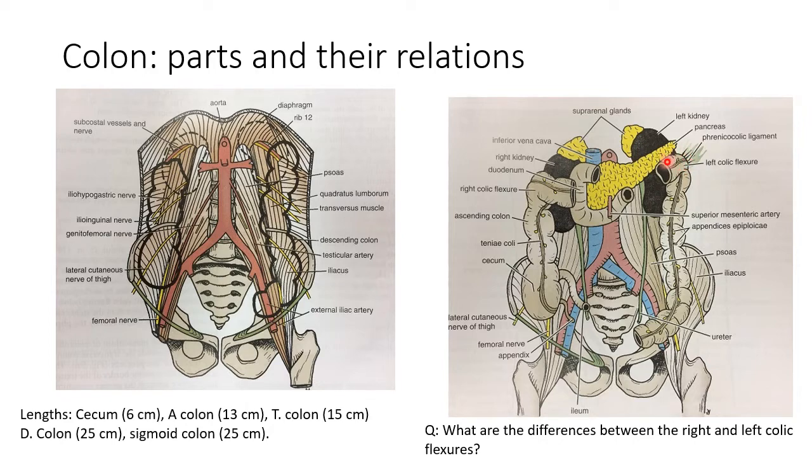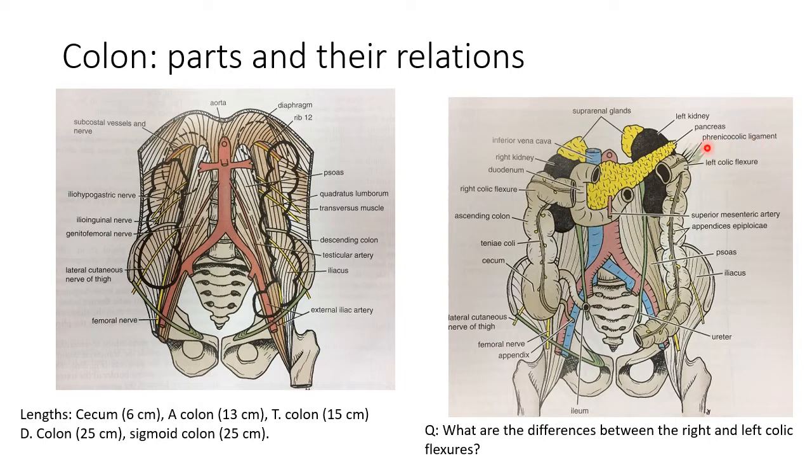Now focus on the left colic flexure. It is more superior than the right one. So the left is more superior and it is more acute. So the angle or the turn is more acute than on the right. On the right it's more like a right angle, but on the left it's more acute. And the third is the presence of the phrenico-colic ligament.